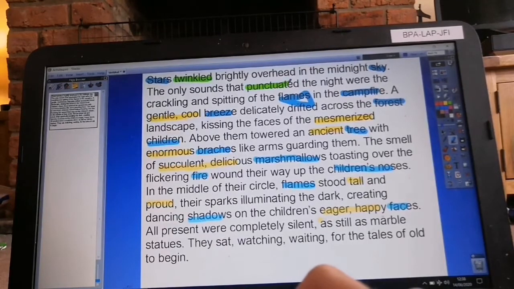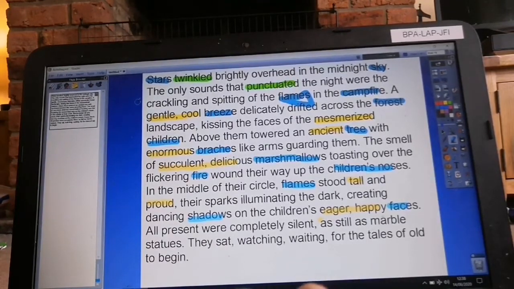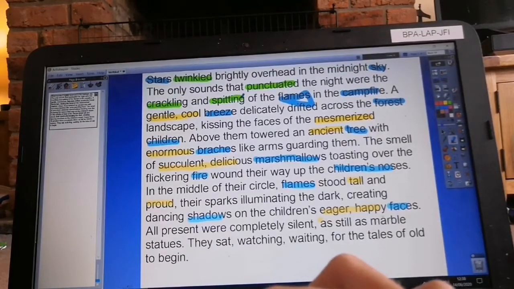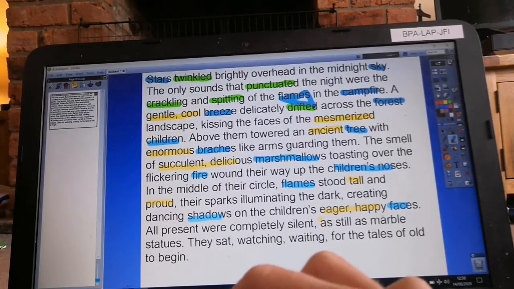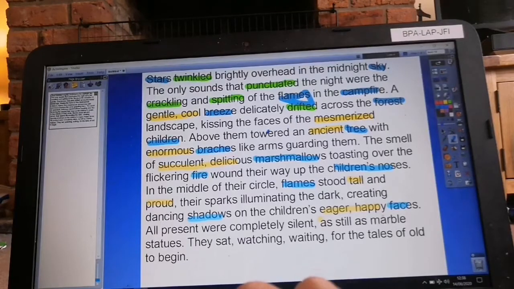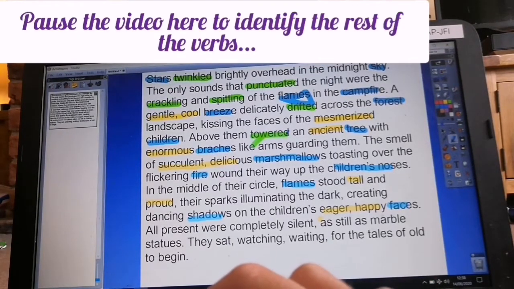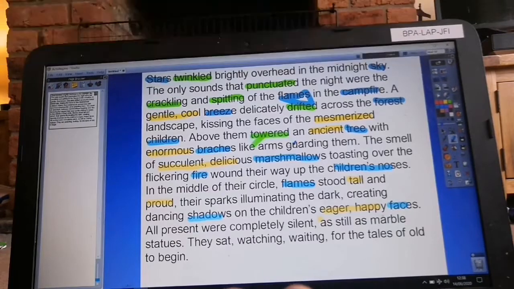Sounds punctuated the night. Crackling and spitting is what the flames are doing. The cool breeze is drifting across the forest. So it doesn't sound like it's a really windy day. And the tree towered. That does give us quite a picture of what that tree looks like.